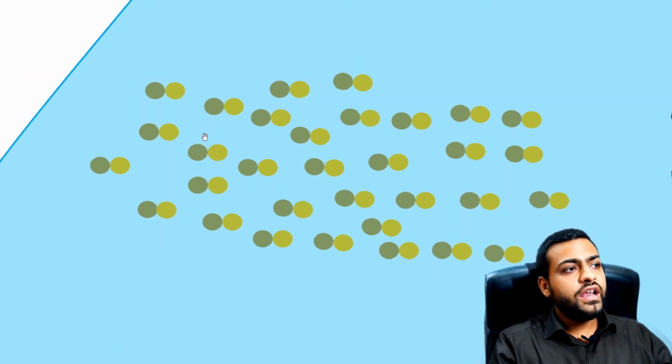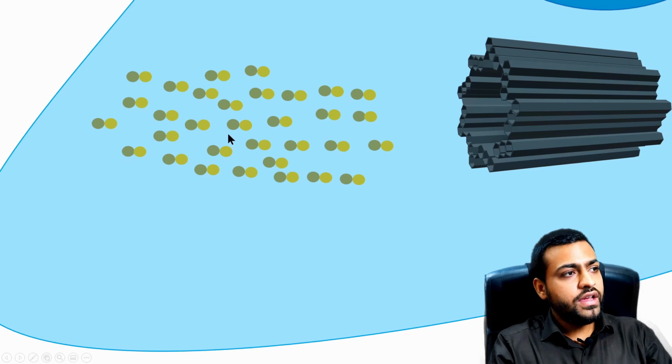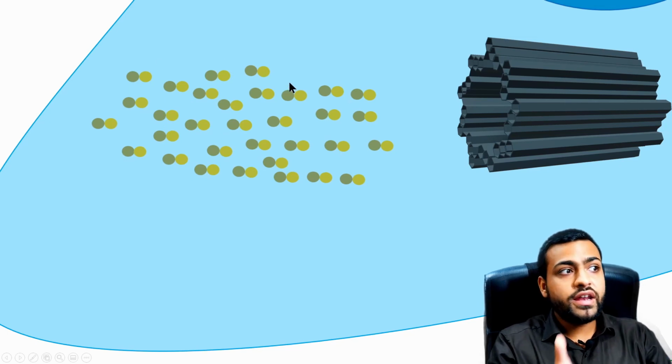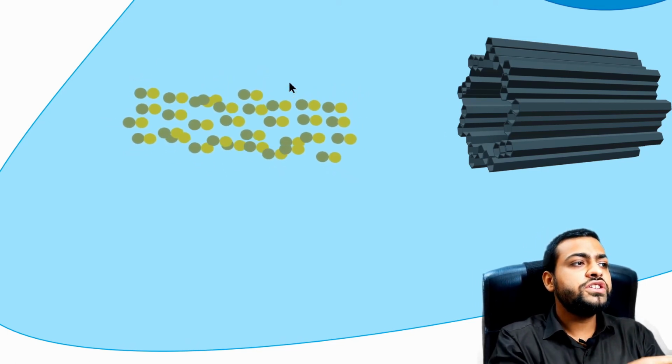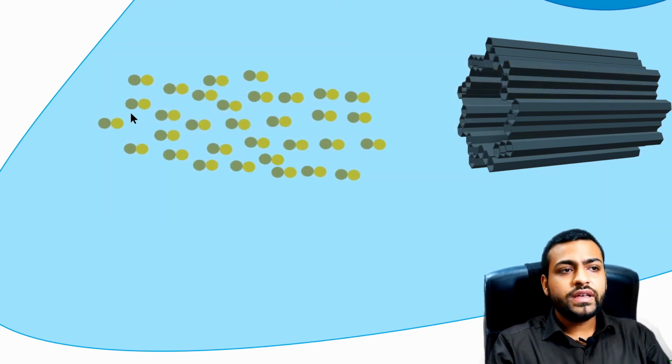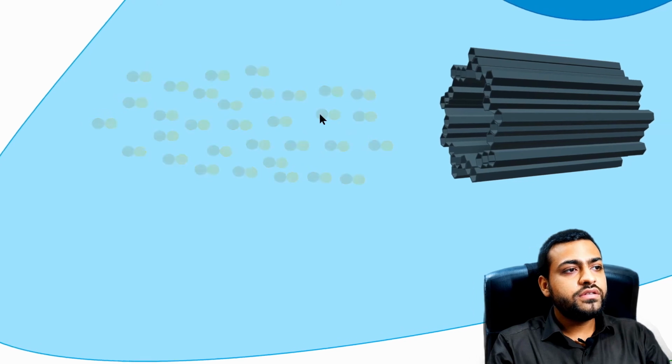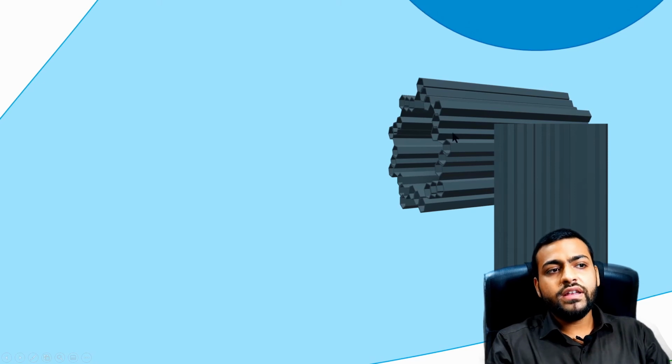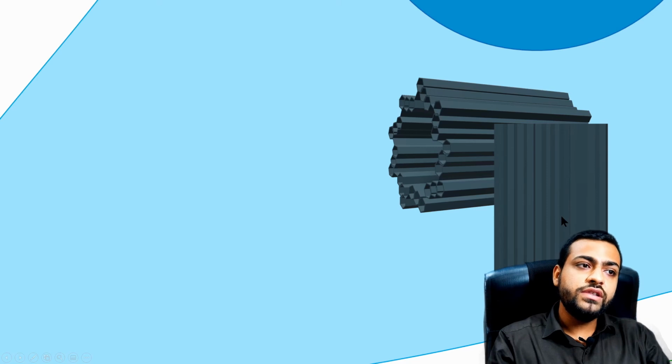These alpha and beta tubulin are arranged in a particular fashion to form a microtubule. These 3 microtubules are arranged to form a triplet, and we have 9 such triplets arranged to form one centriole, and another centriole is present perpendicular to this.